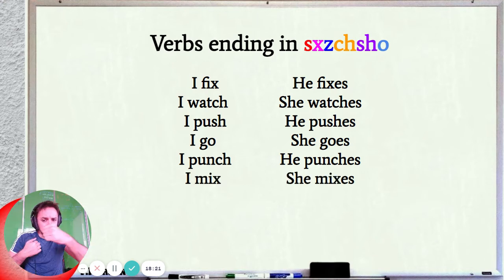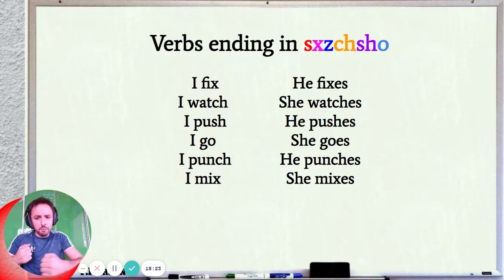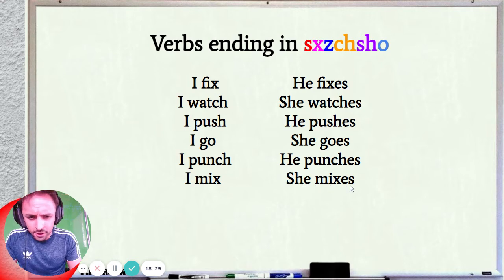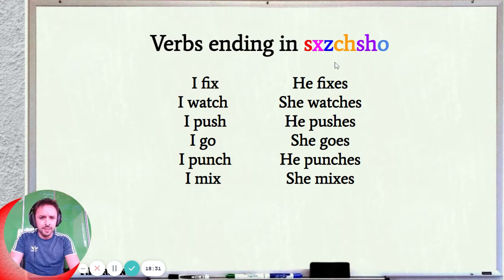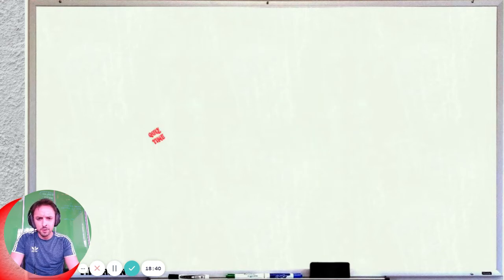Any more? I mix, and she mixes. Okay, so remember, any verbs ending in S, X, Z, CH, SH, or O, then you add ES, okay? If it's he or she.